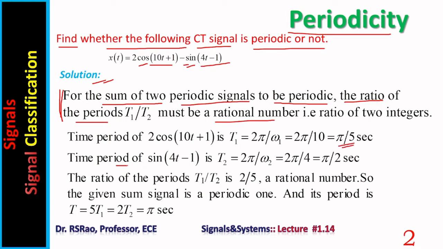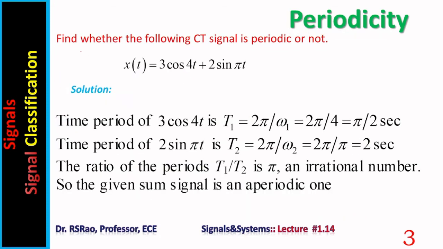Time period of the second one, sine(4t minus 1), is pi by 2 seconds. Ratio of the periods T1 to T2 is 2 by 5, a rational number. So the given signal is periodic and its time period is the LCM of these two time periods. It turns out to be pi seconds.